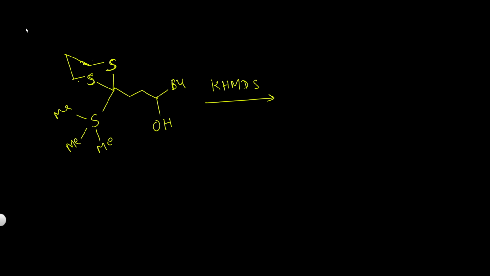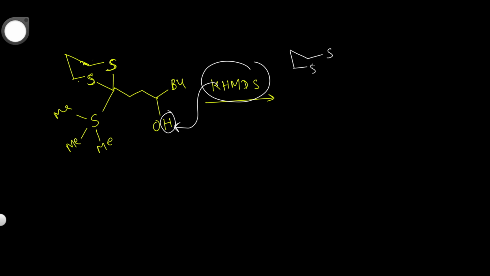The work of a base is to take a proton. So this base will take the proton of this oxygen, because this proton is a more acidic proton, right? So you will get something like this. Sulfur here, and also this is a Bu group, butyl, and here is an O minus, and you have sulfur here, Me, this is Me, and this is Me, right?